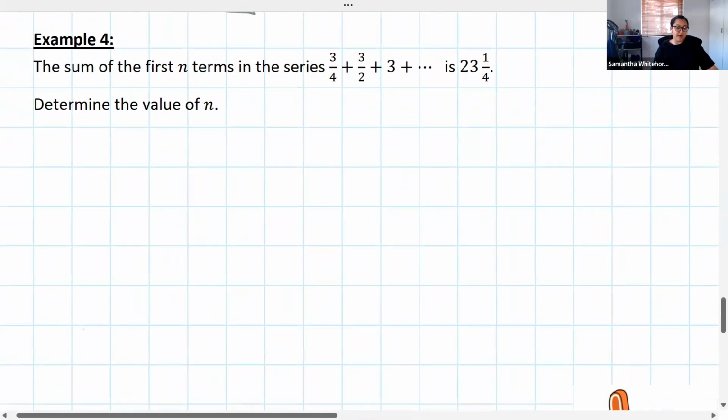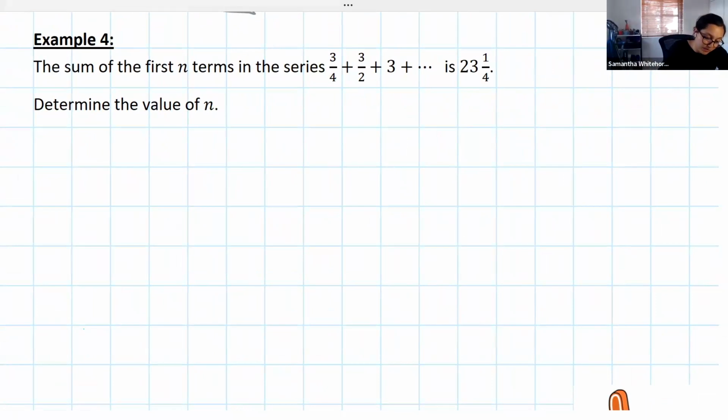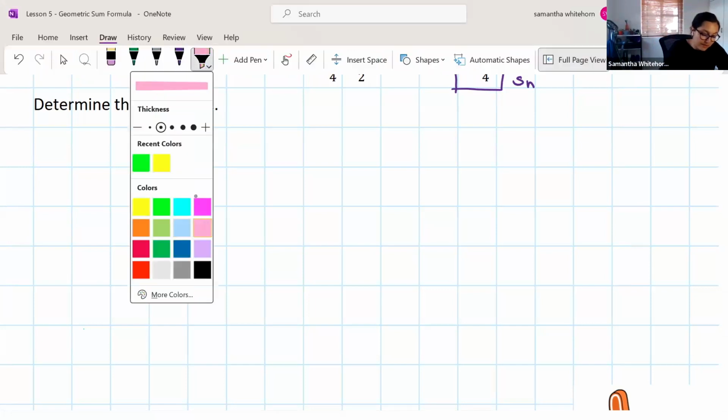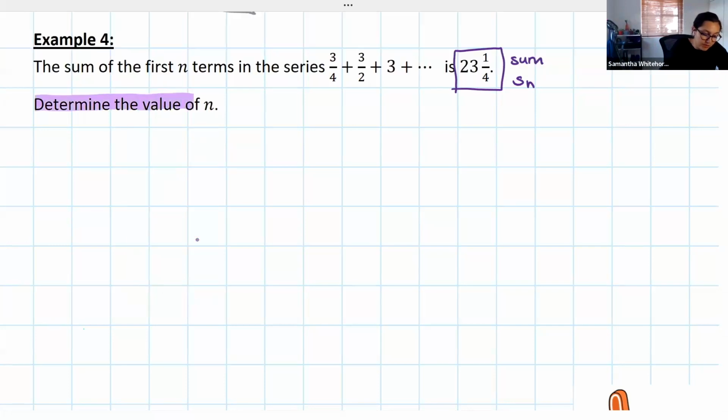Example 4 says the sum of the first n terms in the series 3/4 plus 3/2 plus 3 plus etc. is 23 1/4. So I'm adding up a whole bunch of terms, and once I've added them up, this is my sum. Reading our question carefully, what we've been given here is an S of n value. I have no idea how many terms I'm adding, so this question makes sense. It says determine the value of n.